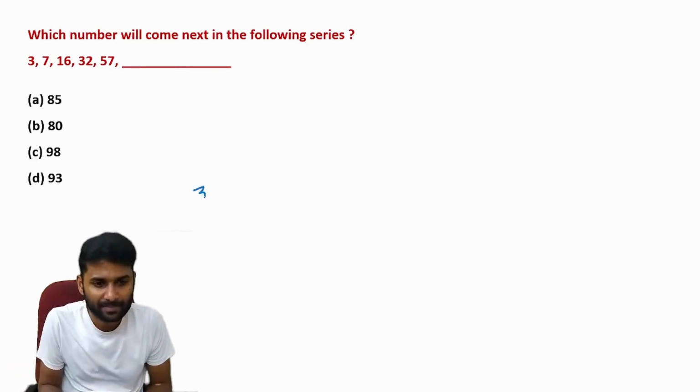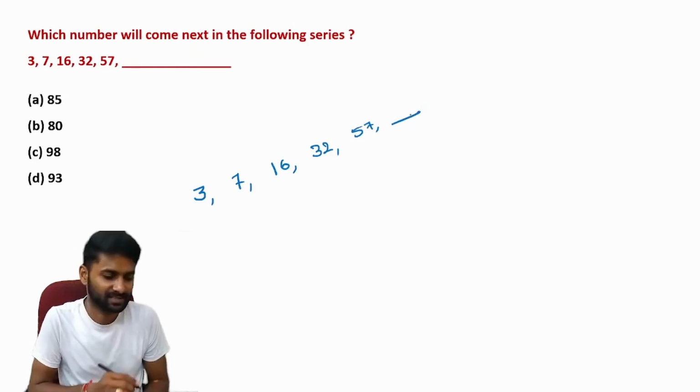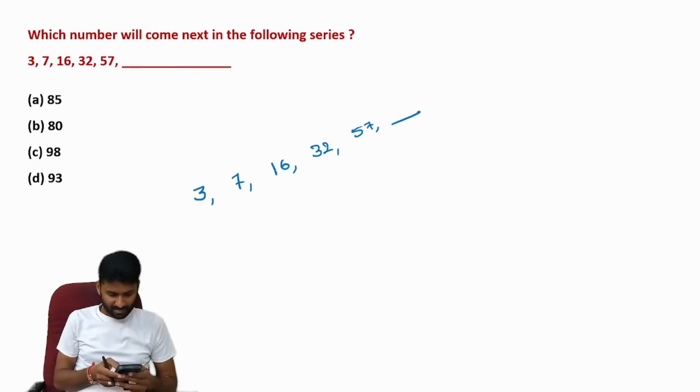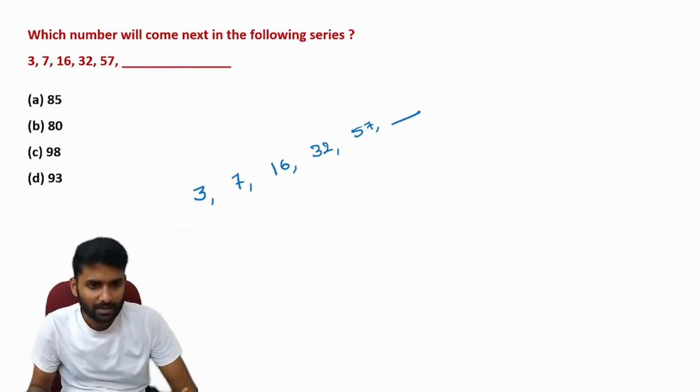Here the numbers are 3, 7, 16, 32, 57. Find the next number in this series.